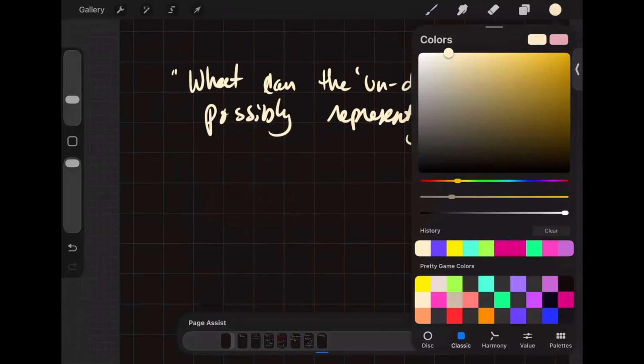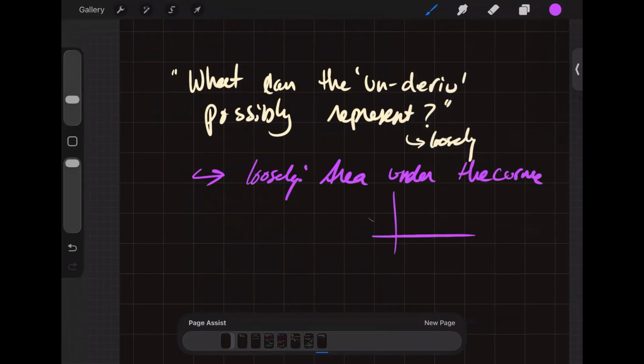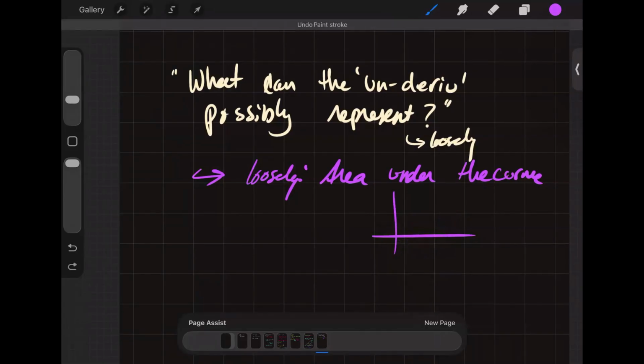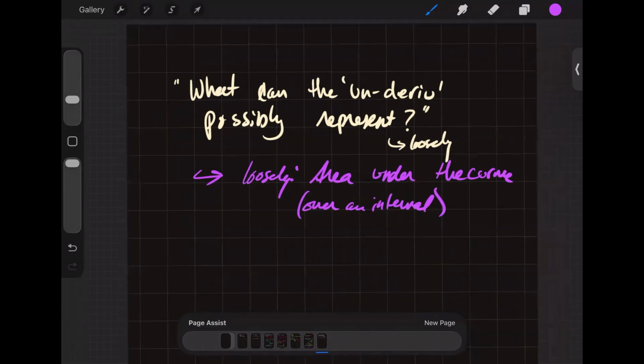Well, hear me out. Loosely, it's the area under the curve. When we say under the curve, we mean between the function and the x-axis, not infinitely down. So loosely, area under the curve over an interval. And we'll get into that over an interval part later.